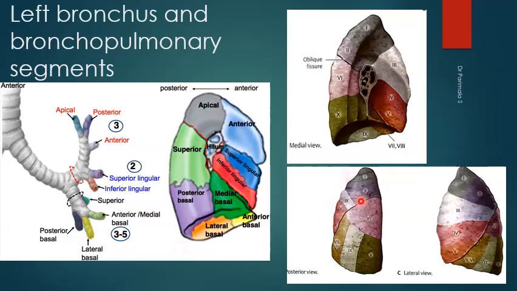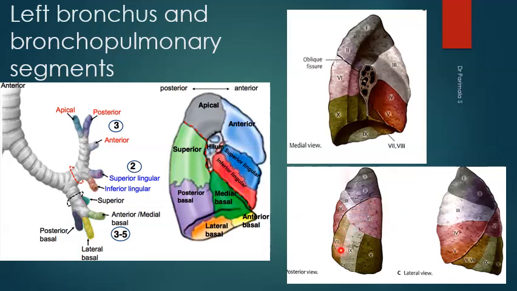Now in this image, this is the upper lobe and this is the lower lobe. In the upper lobe, the first one is the apical, the second one is the posterior, the third one is the anterior, the fourth one is the upper lingular, the fifth one is the lower lingular, and then the sixth one is the superior or apical segment of the lower lobe.